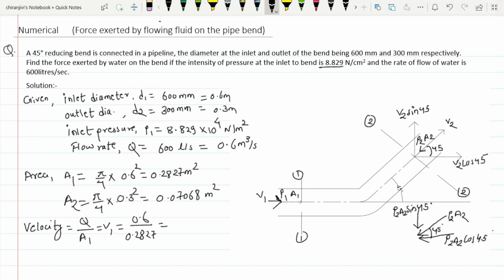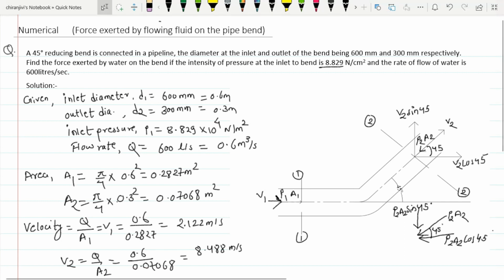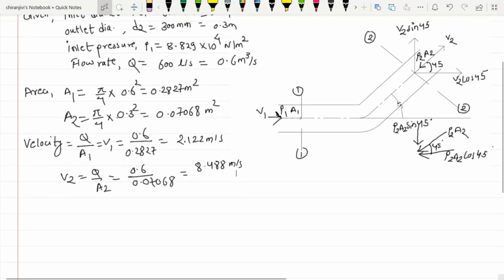This is velocity 2.122 meter per second, and V2 equal to Q upon A2, which is 0.6 divided by 0.07068. This is 8.488 meter per second. Here we have found area and velocity. Now we have to find the pressure at section 2, which is not given. We have to use Bernoulli's equation here.